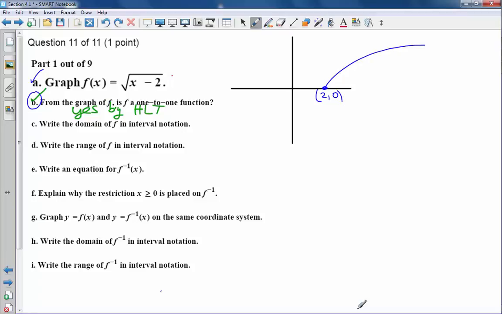What is the domain? Describe how you found it. You just push the graph down to the x-axis. When you push it down, all these points fall to a region. What region? It's this region, starting here and going all the way to infinity. So it is 2 to infinity.